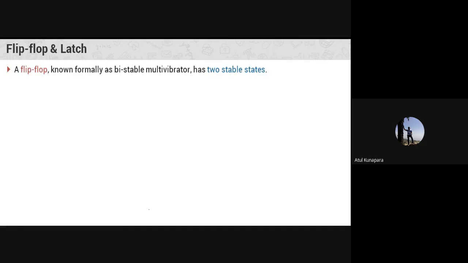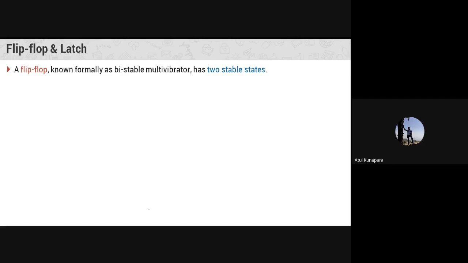So what is a latch, or what is a flip-flop? A flip-flop or a latch is commonly known as a bistable multivibrator circuit, which can have two stable states. Bistable means two stable states. That means it is a circuit component which will have output in two stable states.